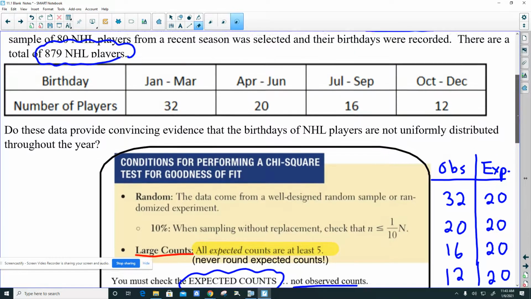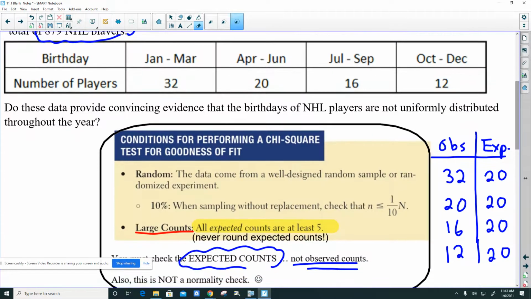Those were the number of NHL hockey players that were observed to have birthdays January to March, April to June, etc. And then we had calculated that the expected counts is to really say that of those 80 NHL hockey players, there really is no difference with whether you make it into the National Hockey League based on when you were born. And so we were just saying that with even amounts of those 80 individuals, 20 would land in each of these different sections in the calendar here.